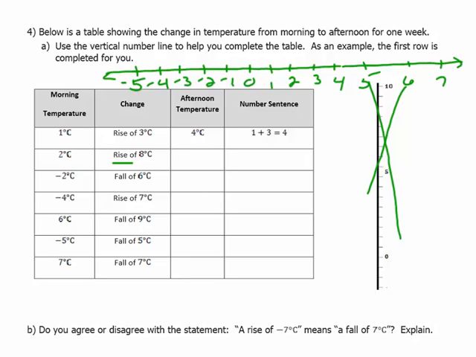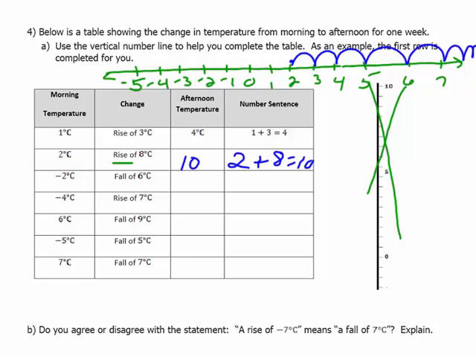I apologize that that one is not very good. Okay, I'm going to start at 2 degrees. A rise of 8 means that I would have to count up 8. So that's going to be 1, 2, 3, 4, 5, 6, 7, 8. I ran out of room there, but that would take it to 10. So my number sentence is 2 rise 8 is 10.